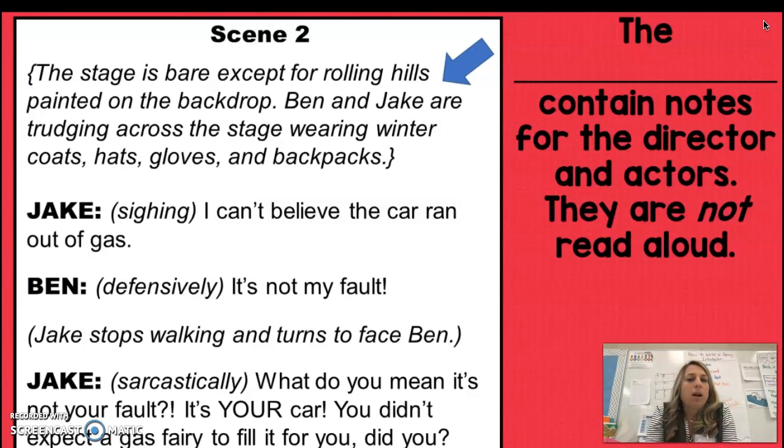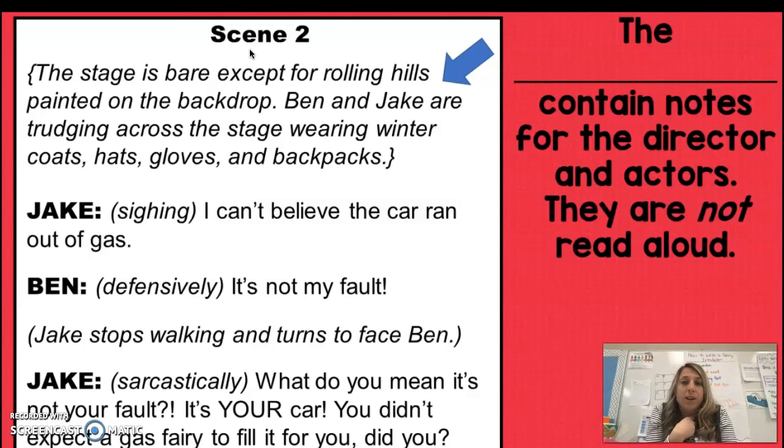All right, so I want to stop right here for a second. And I want you to notice these right here where the arrow is pointing. You notice that they are in brackets, or sometimes they are in parentheses, and those are what we call stage directions. Stage directions tell me what is going on in the story so that the actors know what to do.